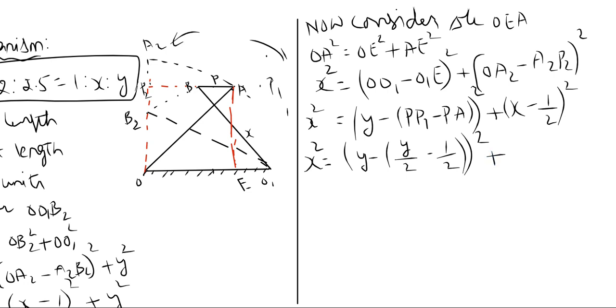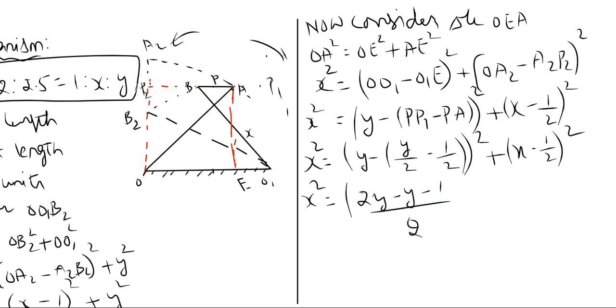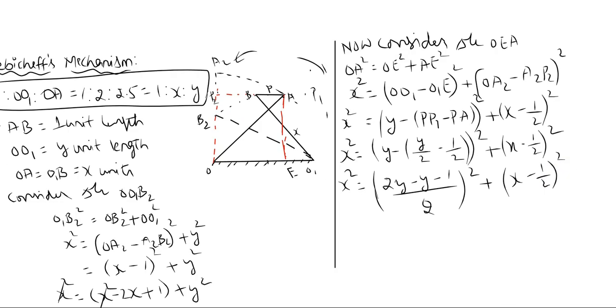Now you just elaborate this also. Here I'm just simply writing x minus 1 by 2 whole square, so that in the next step I can write. So here you just solve this one, you will get 2y minus 1 by 2 whole square plus this also x minus 1 by 2 whole square.